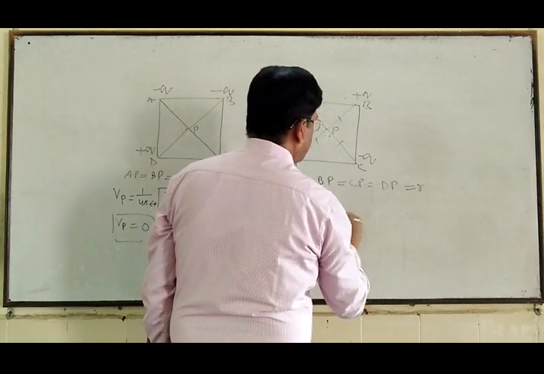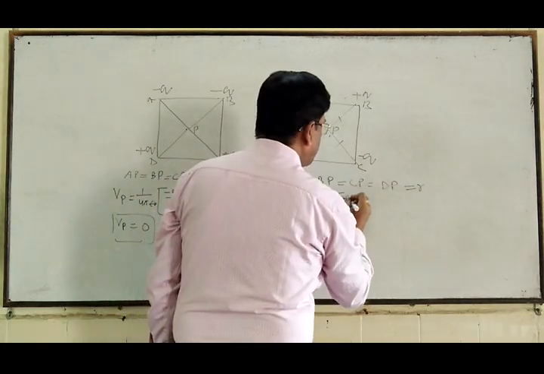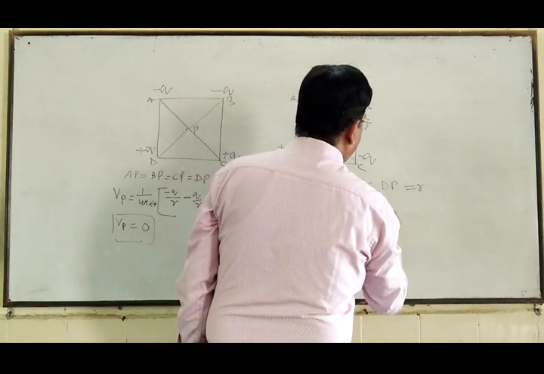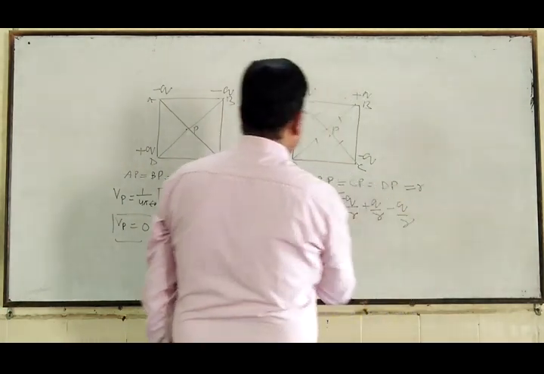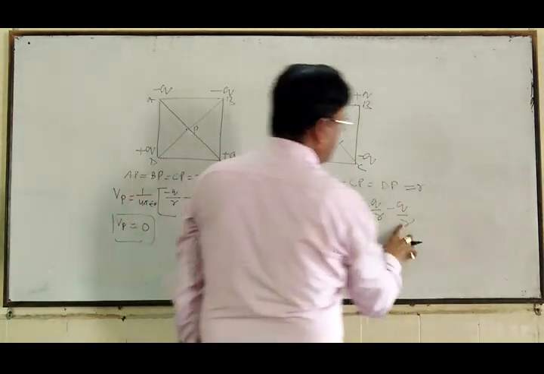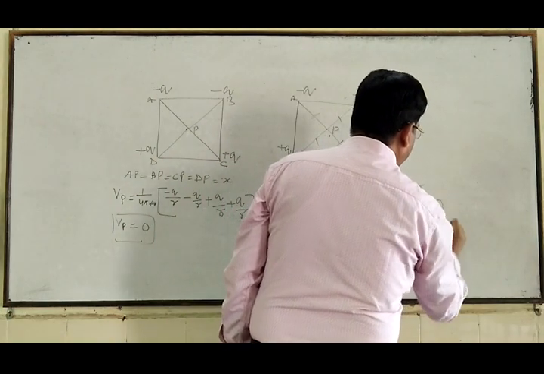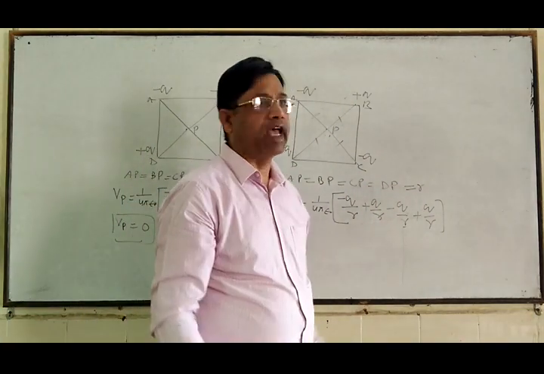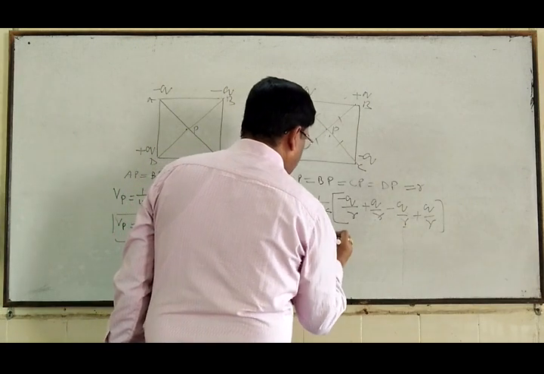Due to minus charge, the potential will be minus, so it is minus q by r. Here it is plus q by r. It is minus charge, minus q by r. It is again the plus charge, so plus q by r. In this way, this and this cancel. Here it is 0. So you just see, in both the situations it is 0.